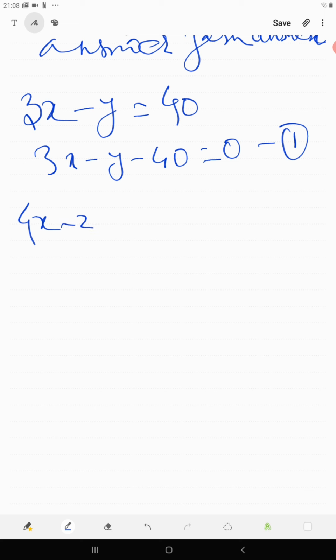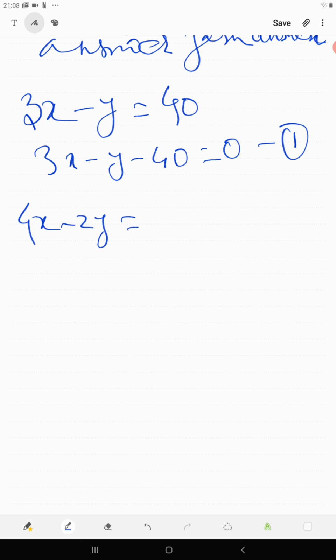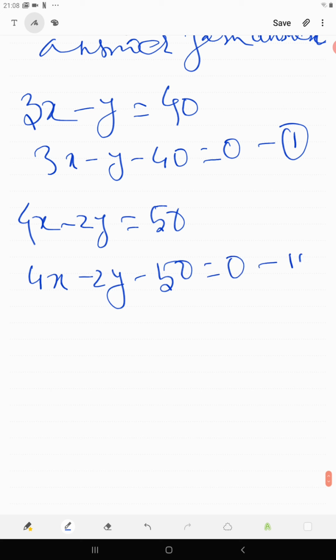So 4x minus 2y, that is given as 50 marks. So 4x minus 2y minus 50 equals 0. This is our second equation.